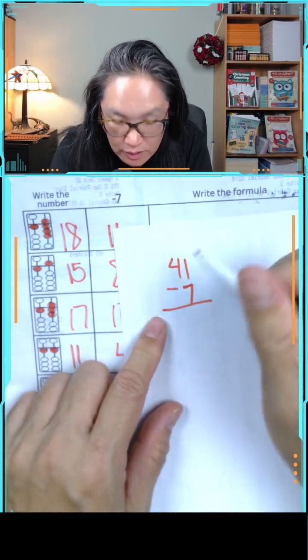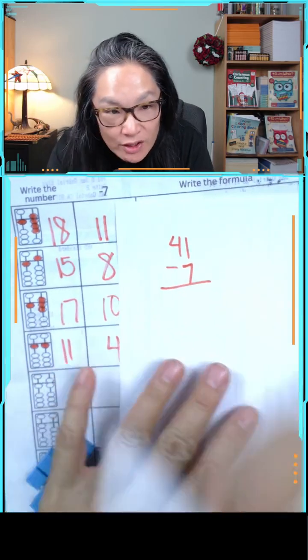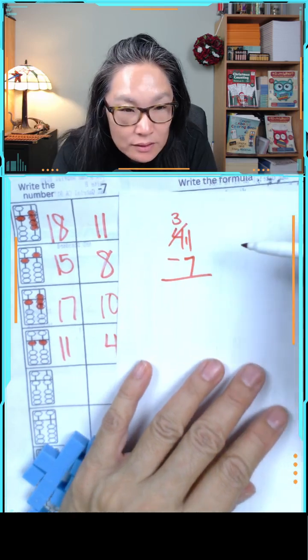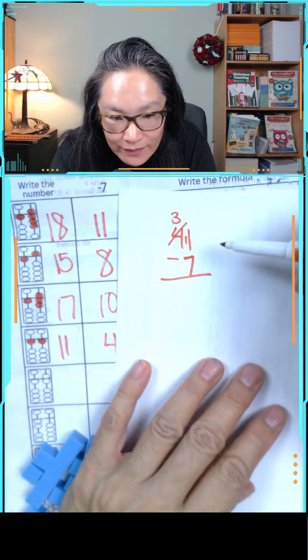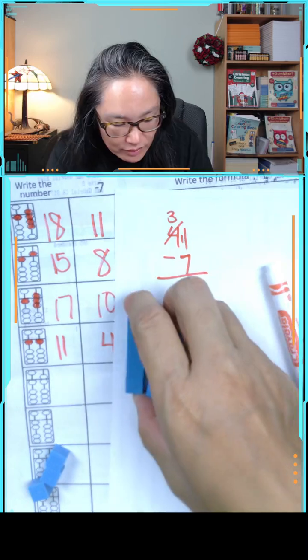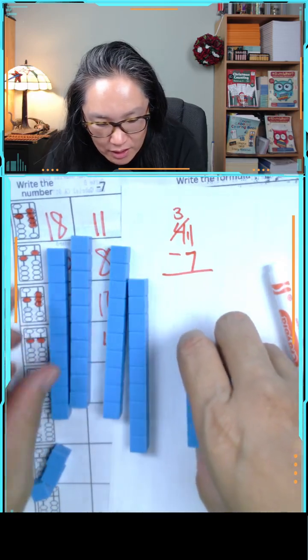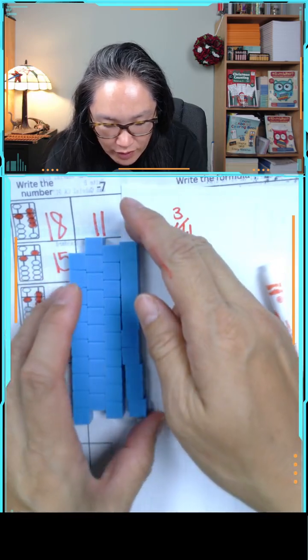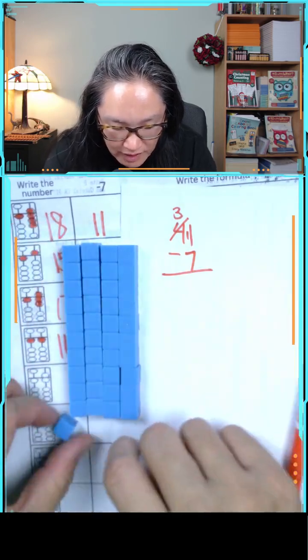What do? In mainstream, you've got to borrow from here and you make this 11. But guess what? In abacus, we don't do that. So you get 40, right? We get 41, and then we get the 1.